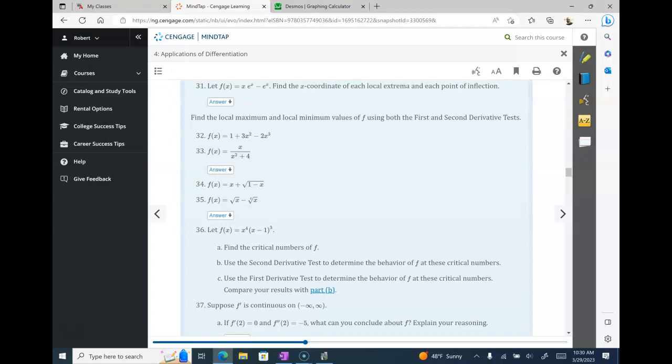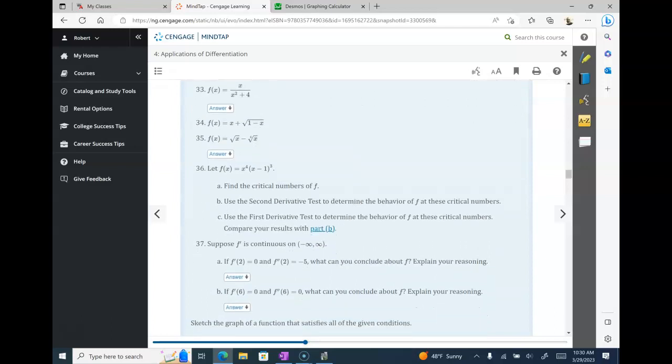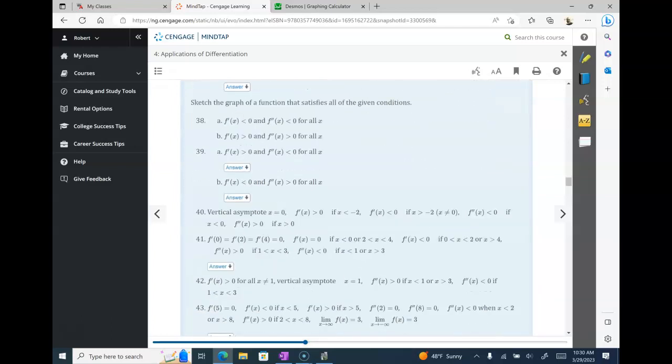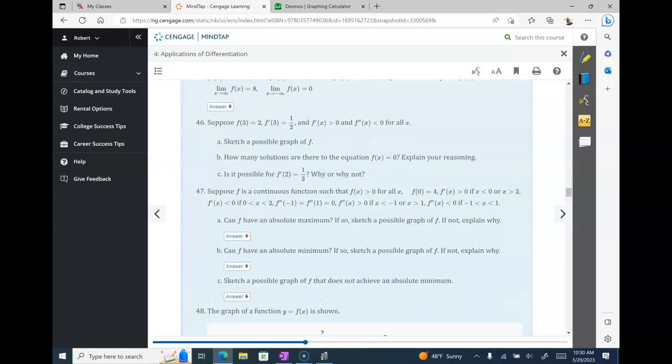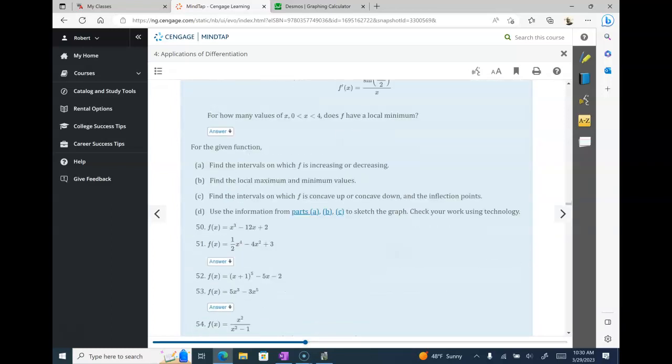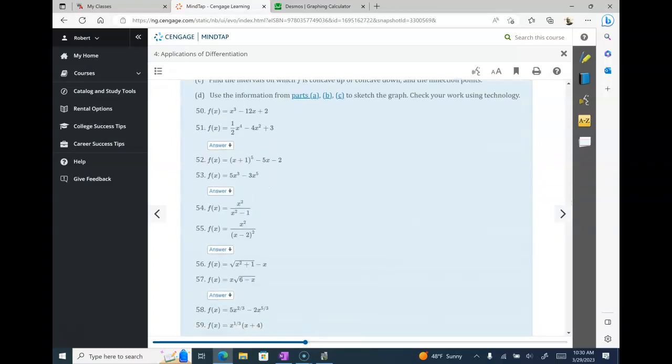And it's probably going to be the second derivative test is better. Let me look at 57. Yeah, I like that one. I'll do second derivative test for that one, even though it's kind of boring.